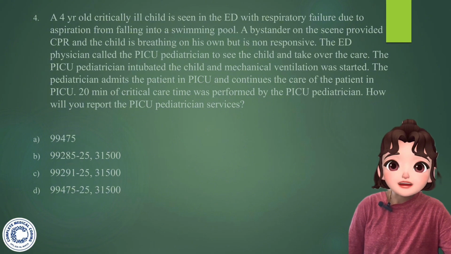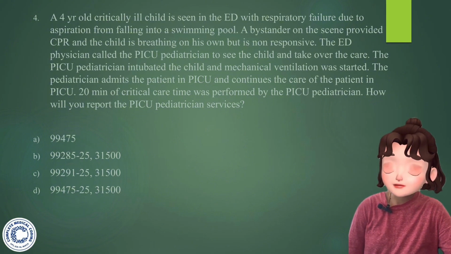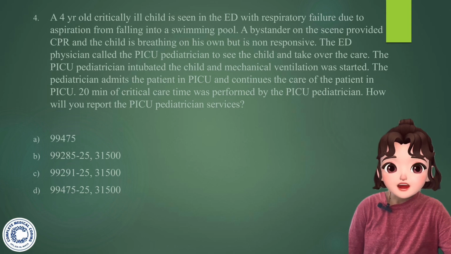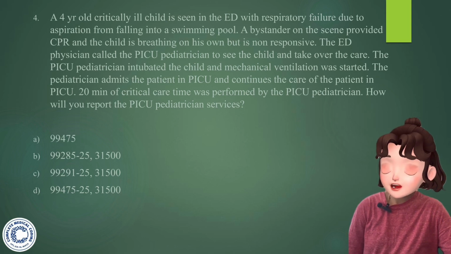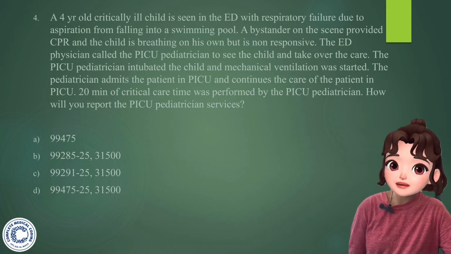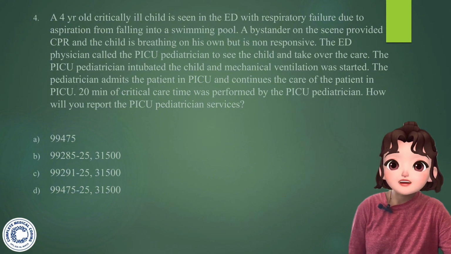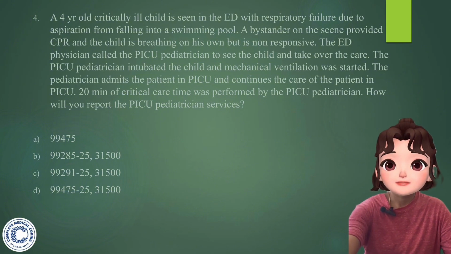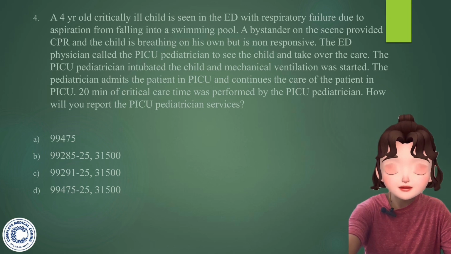So option D, again the same 99475 as we found initially. What is 99475? Initial inpatient pediatric critical care. Yes, that is the right code. And it's marked with modifier 25. What is modifier 25? And then another code is also there, one more code, that also we will find out.